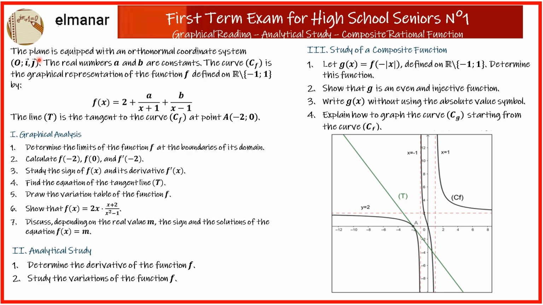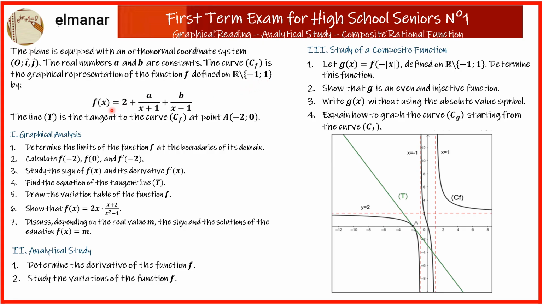The plane is equipped with an orthonormal coordinate system made up of the point O, the vector I, and the vector J. Two real constants, called A and B, are given. The curve, called CF, represents graphically the function f, which is defined on the set of real numbers, except for the two values -1 and 1.